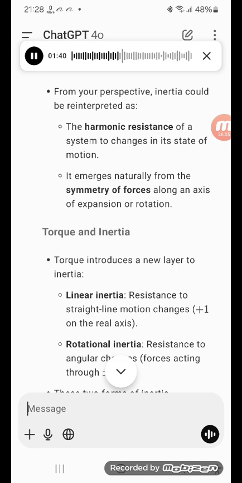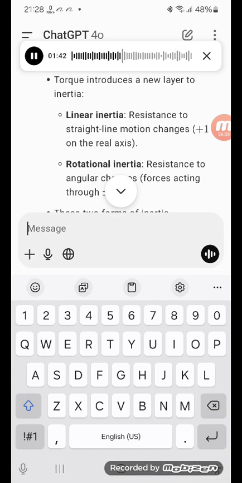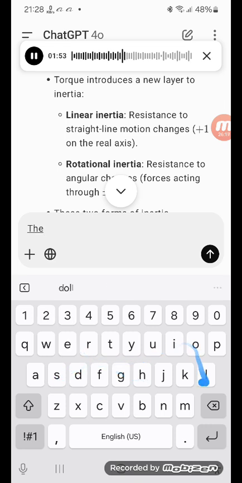3. Inertia as defined by the Cartesian grid of harmonic convergence. The origin axis becomes the harmonic anchor for inertia. Inertia is the system's tendency to maintain its harmonic state around this axis. Linear inertia aligns with forces acting along the axis. Rotational inertia aligns with forces acting perpendicular to the axis in the imaginary plane. Inertia and torque.